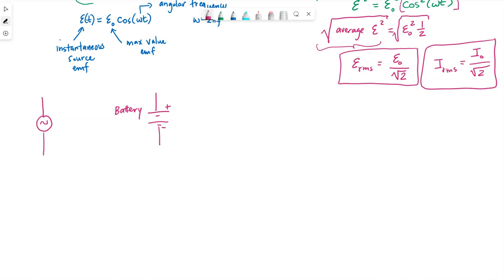The short end represented the lower potential, so the smaller voltage. So an AC source, an alternating source voltage, will be represented as a circle with a little curve inside.